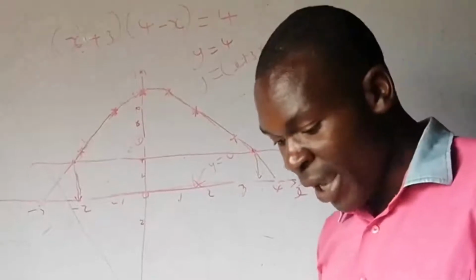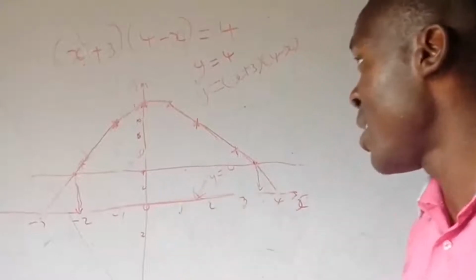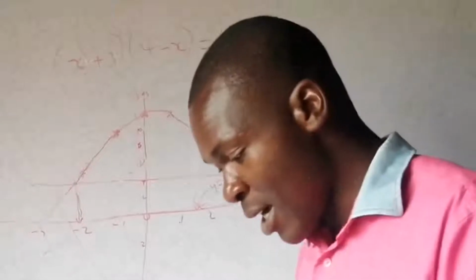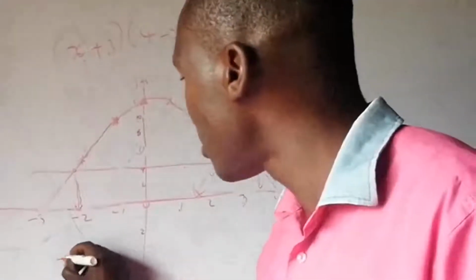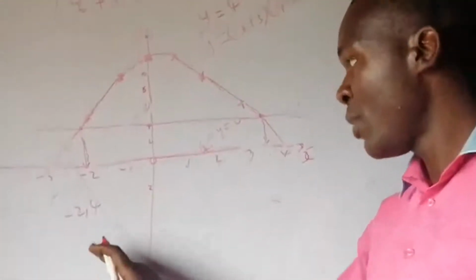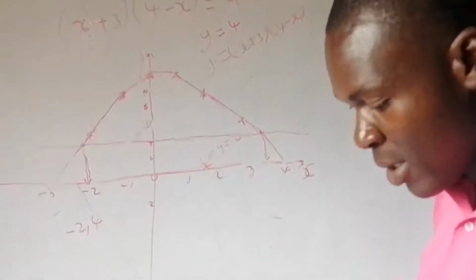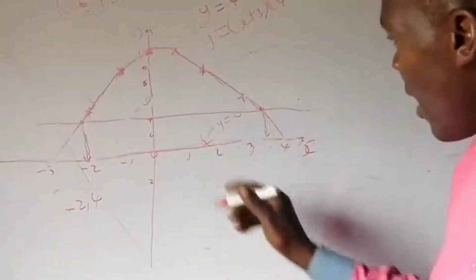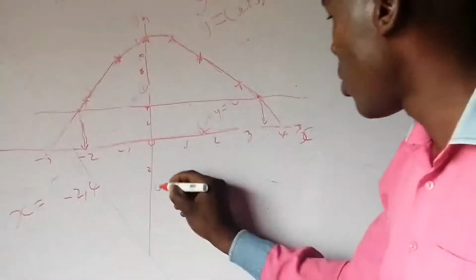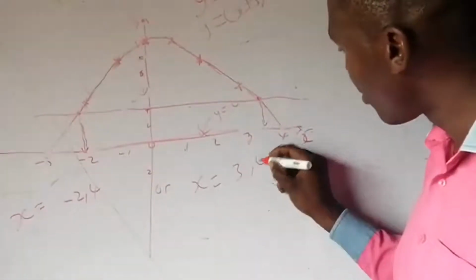According to your graph, especially when you use graph paper, if you find a value which is 2.4 or any value close to this, minus 2.3 and somewhere there, you are in the right range. So we say x is equal to minus 2.4 or x is equal to 3.4.